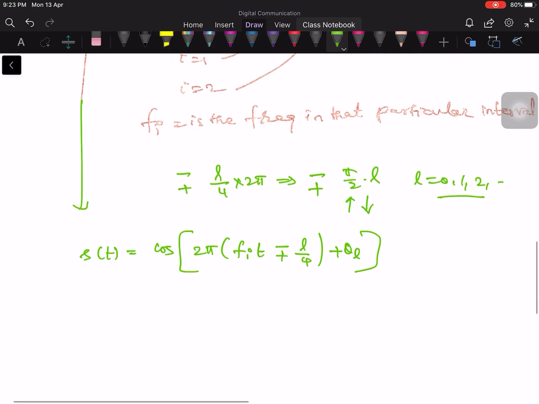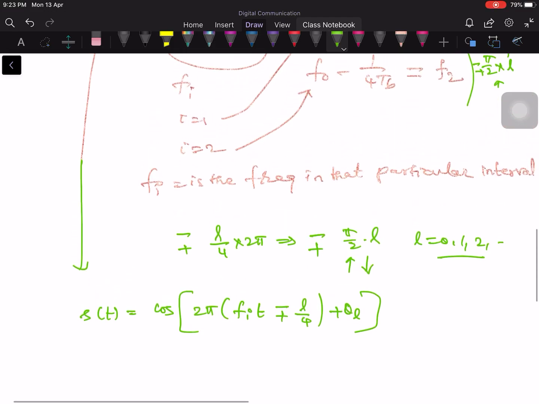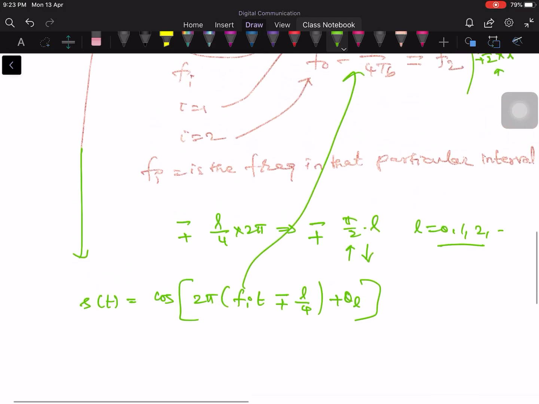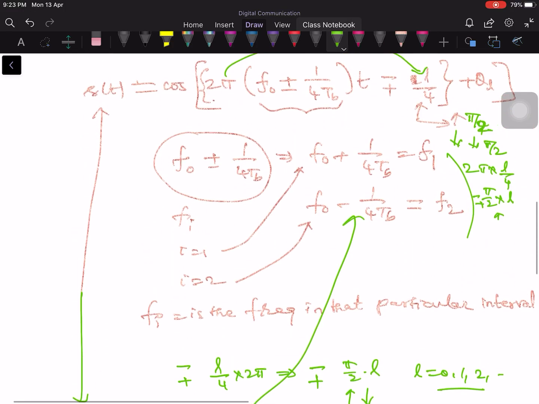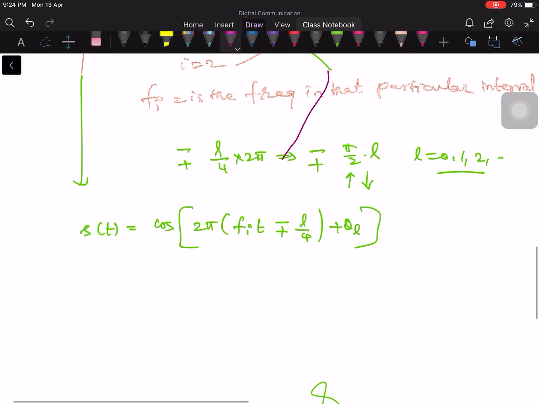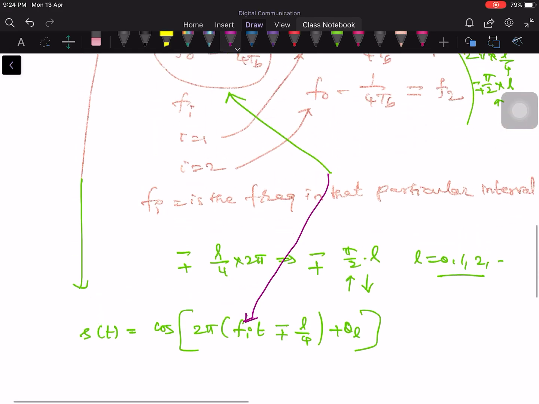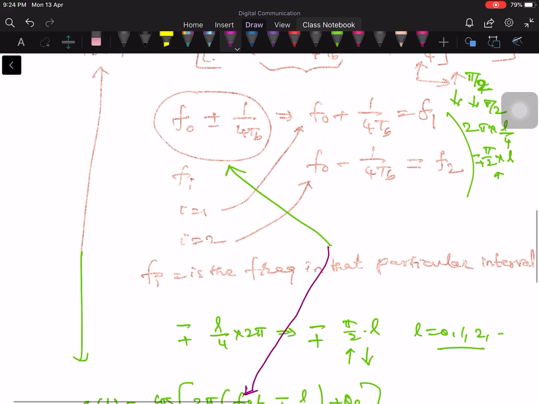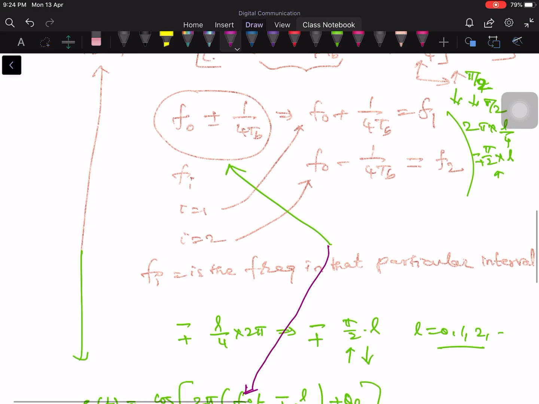I can write it like this, where fi equals f naught plus or minus 1 by 4 TB. This f naught is here. So this is f naught plus or minus 1 over 4 TB.